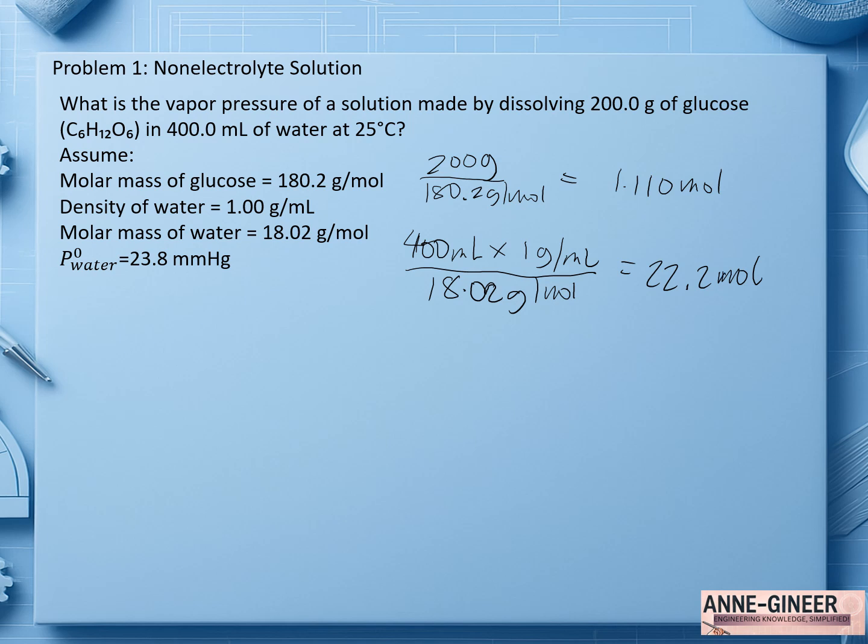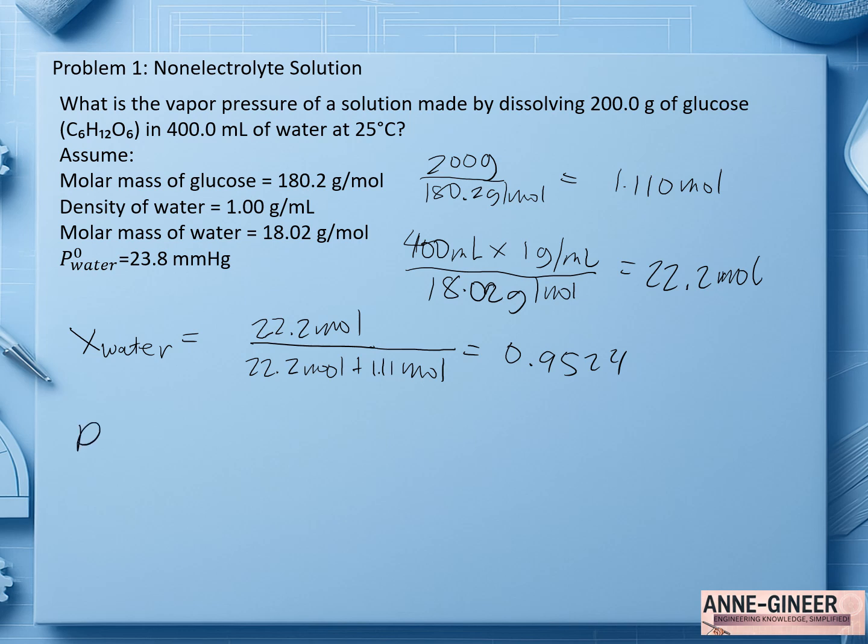We also solve the mole fraction of water. X water is equal to the mole of water over the mole of water plus the mole of the glucose. So we have 0.9524. Then we use Raoult's law.